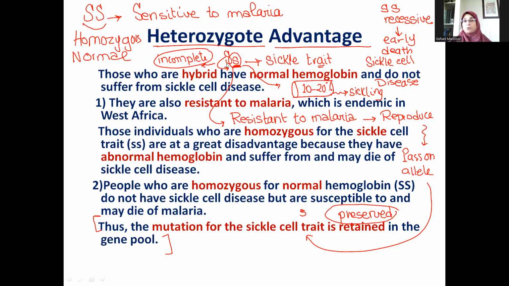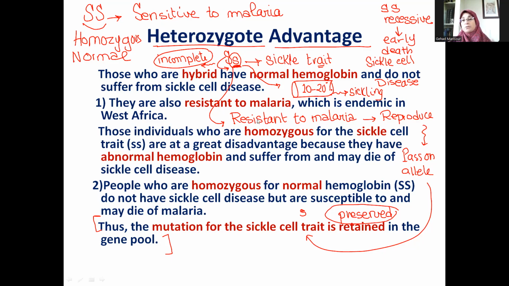The presence of those heterozygote individuals that are resistant to malaria is very interesting, because being resistant to malaria, if they are present in Central Africa, they will have advantage over the other two genotypes, over the homozygous dominant that are totally normal and the homozygous recessive that show the sickle cell anemia.